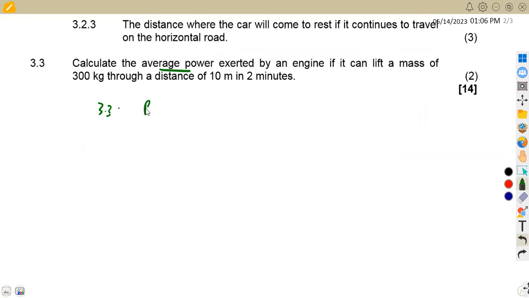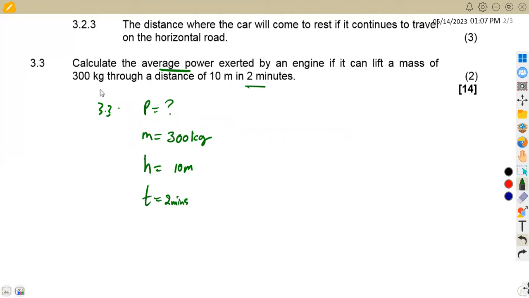We do not know the power, but we are given the mass that the engine is going to lift, 300 kgs, for a distance of 10 meters, which is S, or you can write this as the height, of 10 meters in 2 minutes. So that is the time frame of 2 minutes in this case.